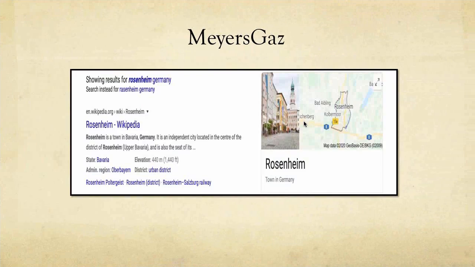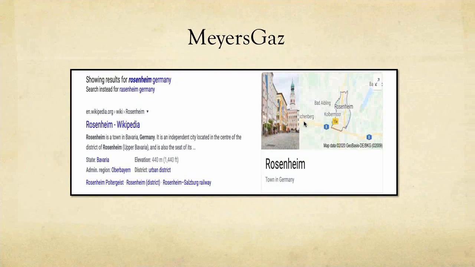If you cannot figure it out from Meyer's Gazetteer, again, Google is a wonderful, easy tool to try to use. I one time was looking for the town of what I thought was Rosenheim with an A in the middle, Germany. So I went to Google, typed in Rosenheim, Germany, and Google was kind enough to correct me, saying, no, that doesn't exist.